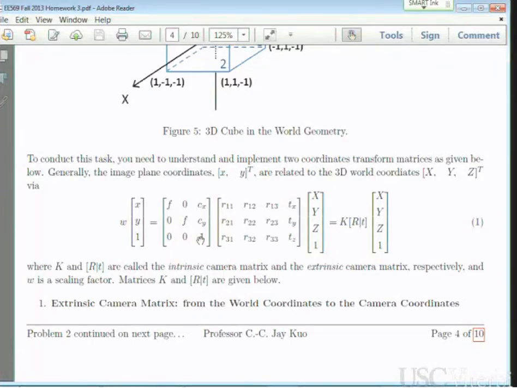So we just say equation 1, which we basically have in homework number 3.